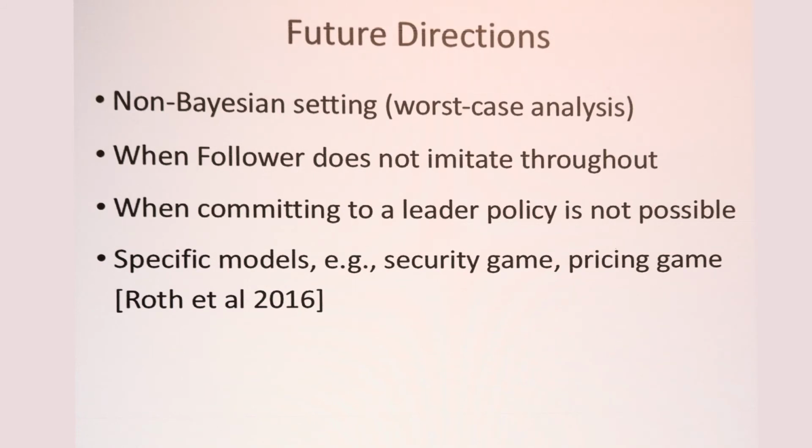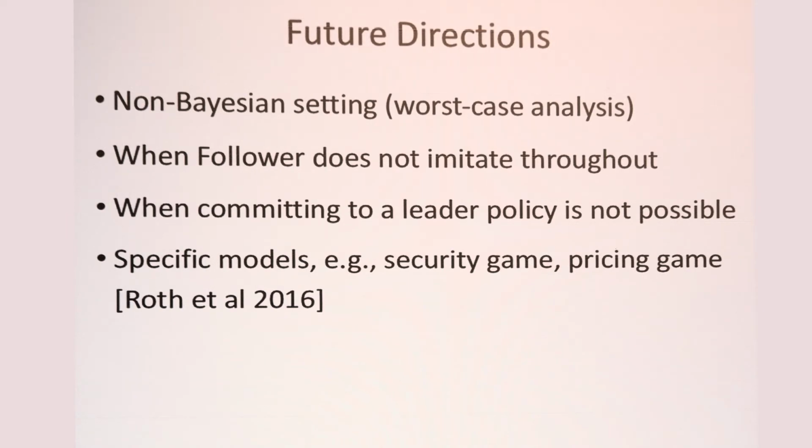First of all, we only consider the Bayesian setting in our paper. And of course, it would also be interesting to consider the non-Bayesian setting. The other question is what if the follower does not have to imitate a different type throughout the game? What if the follower can switch to play something different after he has convinced the leader to learn the fake type?